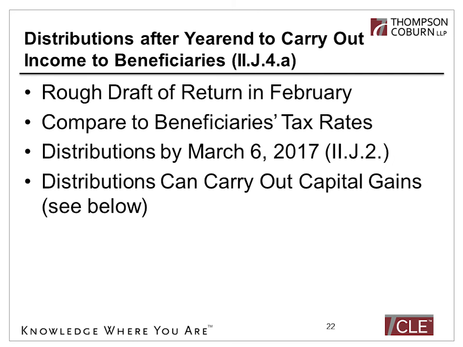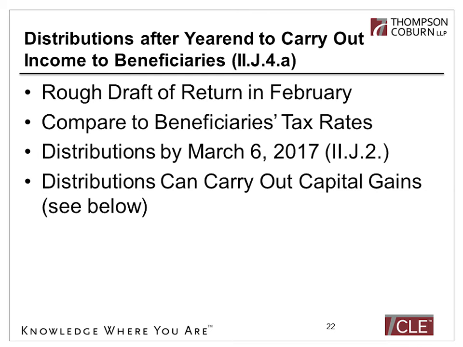The first tip we were going to talk about today is distributions after year-end to carry out income to the beneficiaries. So it's important to do rough drafts of the 1041 right now so that we can consider utilizing the 65-day rule, which, if an election is made, would allow a distribution made during the first 65 days of this calendar year to be treated as a distribution for 2016.